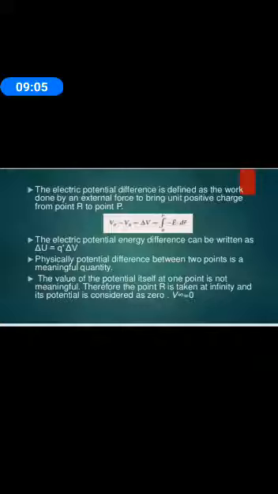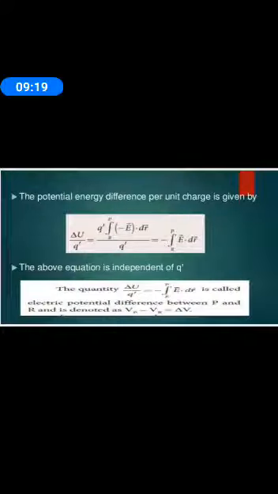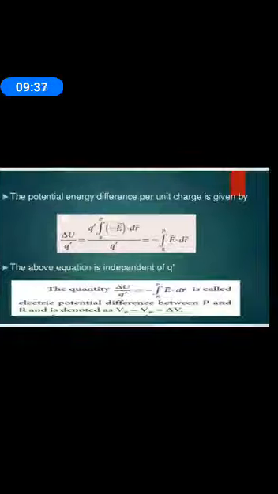Here, electric potential energy difference can be rewritten as delta U is equal to Q prime delta V. You may wonder from where you got this formula. Just have a look. We know that delta U by Q prime is equal to minus integral of R to P E vector dot dr vector, and in the second formula we have said it's nothing but delta V. So I could write delta U by Q prime is equal to delta V.